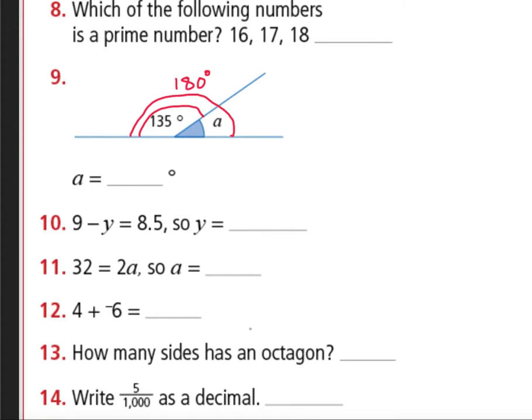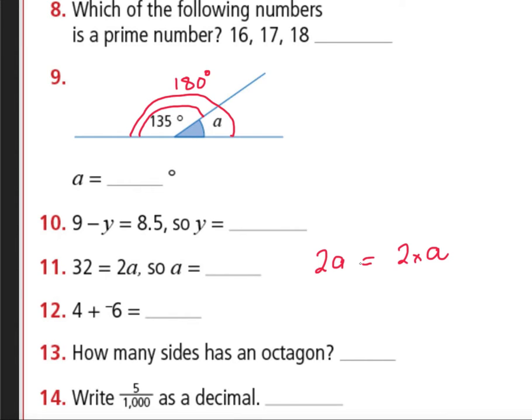Number 11, 32 is equal to 2a. So what is a? Now we haven't seen this written down before, but 2a, what that means is 2 multiplied by a. Mathematicians can get a bit lazy at times and instead they leave out the multiplication sign.